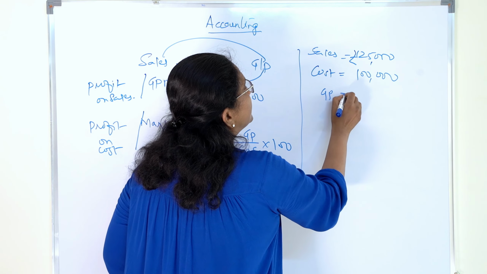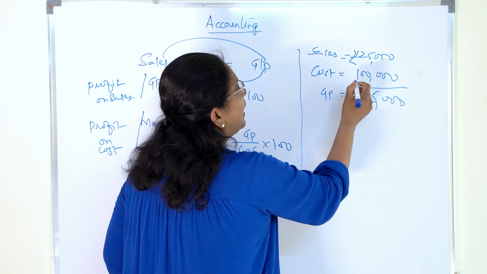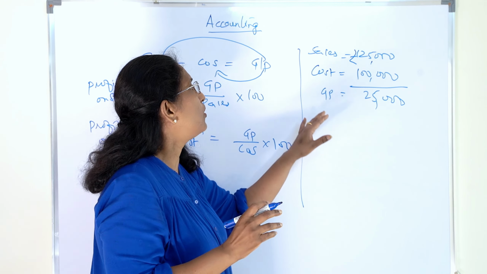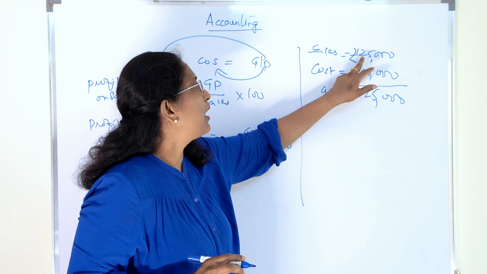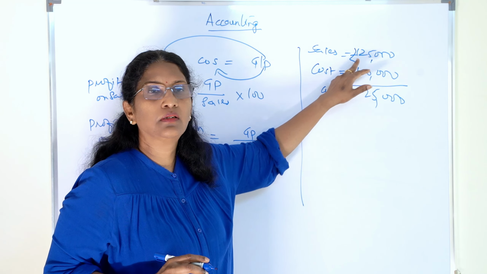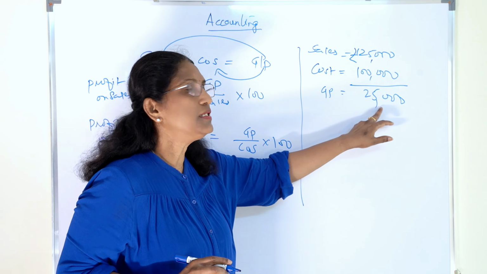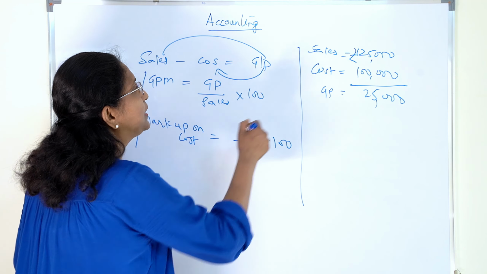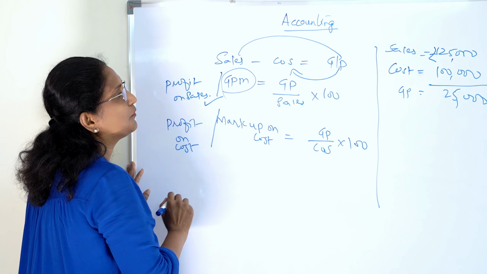How we get all this, that I will also explain to you, but for the timing, I am calculating as simply as sales minus cost of sales is equal to gross profit. So my sales is 125,000, my cost of sales is 100,000 and profit is 25,000.